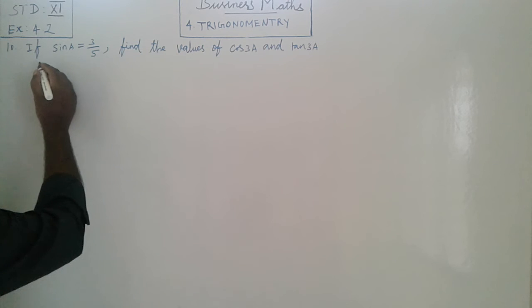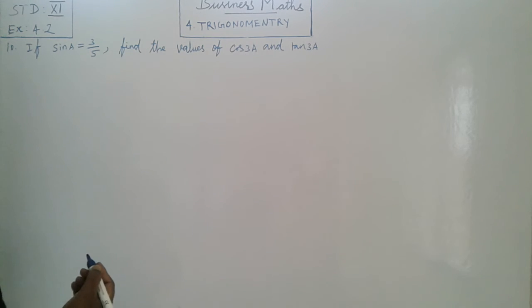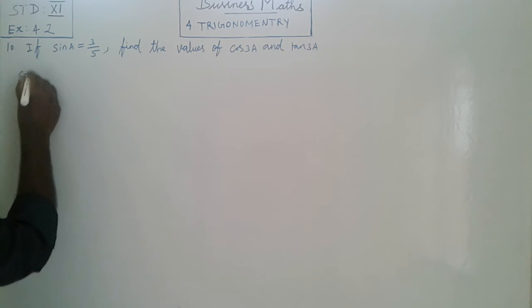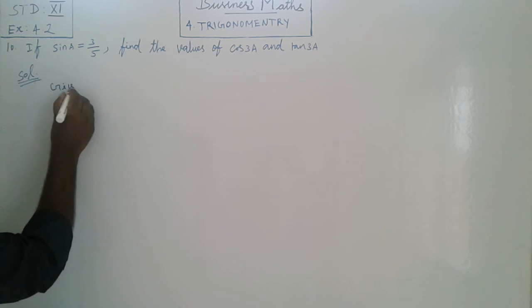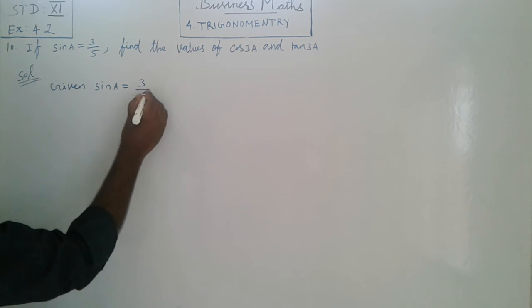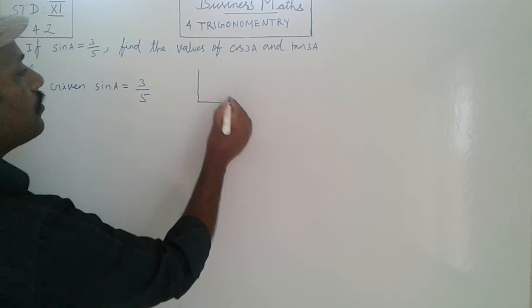Next sum, if sin A equal to 3 by 5, find the values of cos 3A and tan 3A. Given sin A equal to 3 divided by 5, we should take a right triangle.